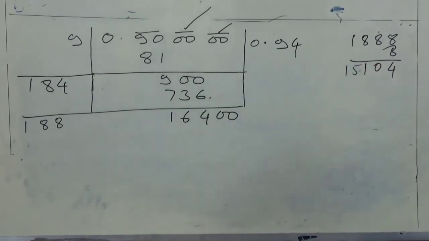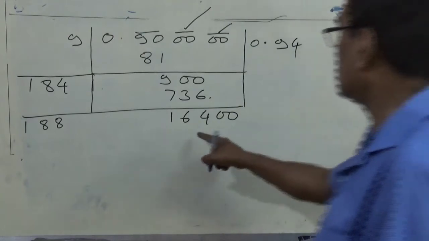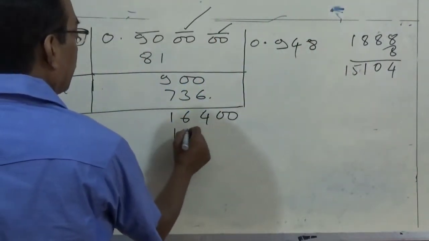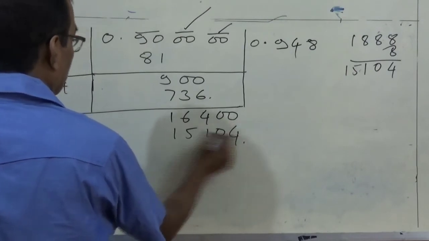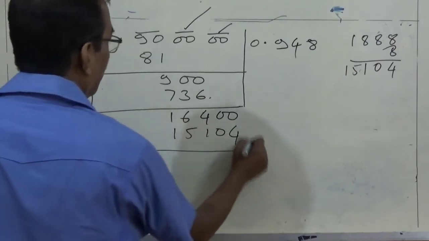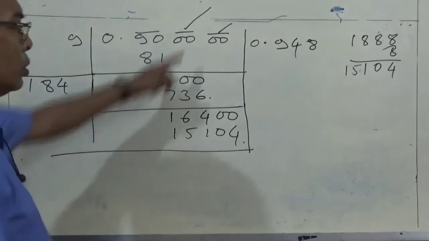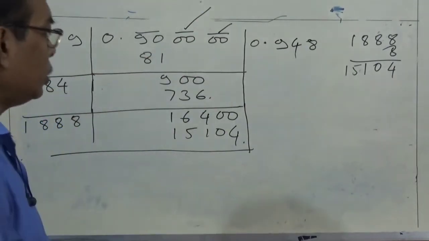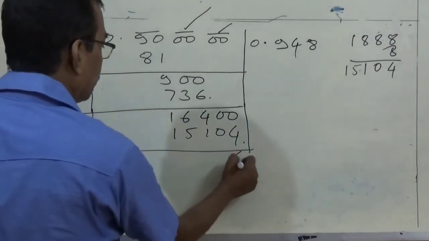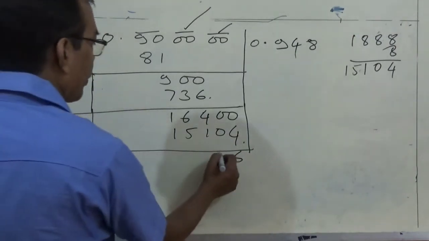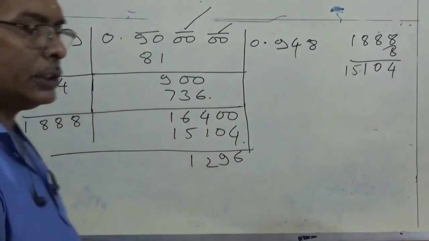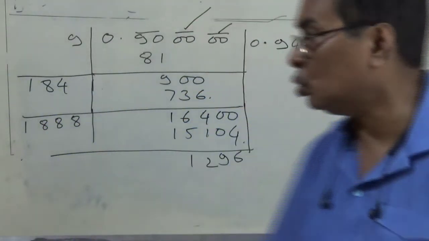It is coming 15104. So write here 8, write here 8, and it is coming 15104. As I have told you that no pairs of numbers are there, this particular place is unused. Anyway, take the subtractions, fulfill the formalities. 1296. By the way, whatever is the remainder here, that is not our issue.